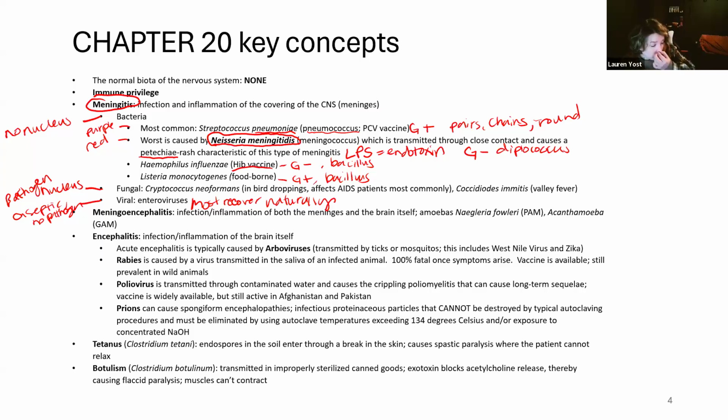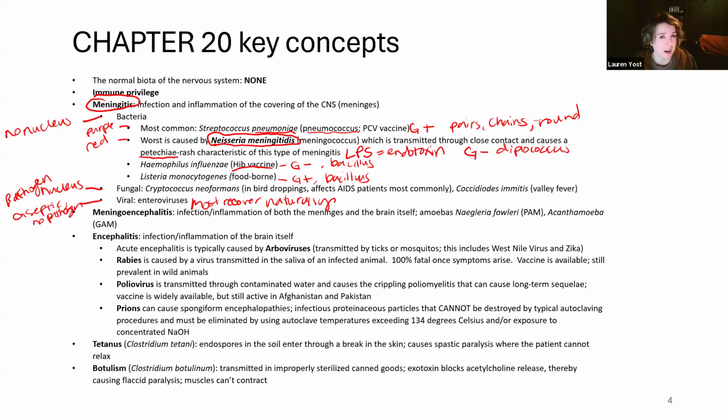The problem with prions is that they're misfolded proteins, and the misfolded proteins can't be autoclaved to get rid of them. It's not hot enough to completely denature those proteins. They're so hardy with how they're misfolded that we have to use higher than 121 degrees Celsius. We usually have to do at least 134 degrees Celsius, which is very uncommon. We do not do that regularly.